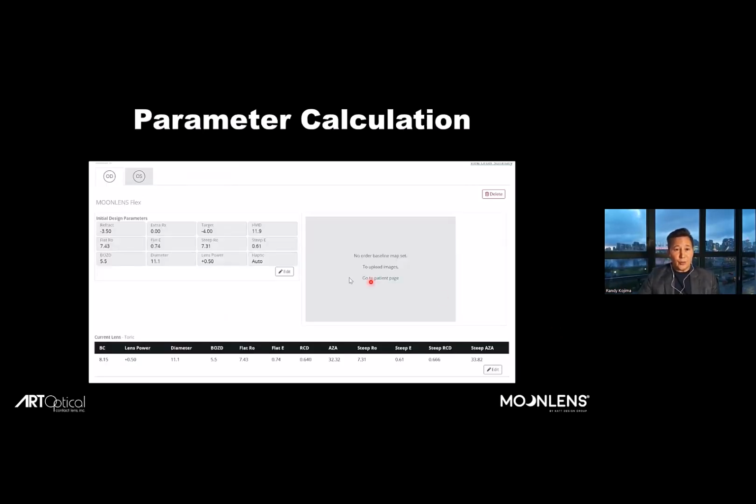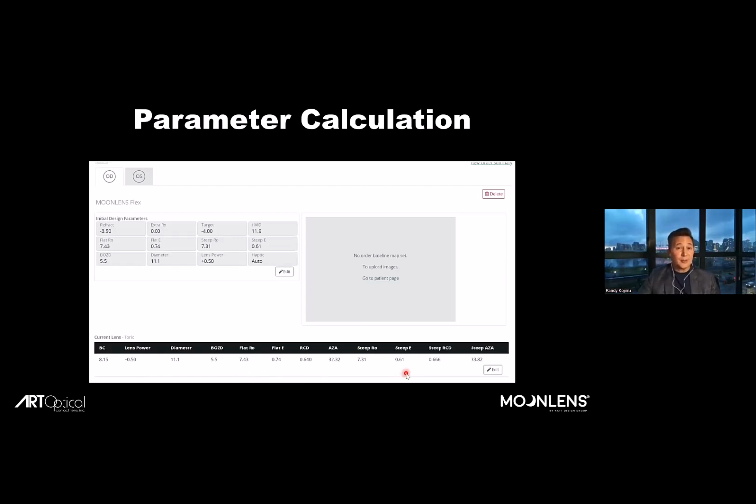Now you'll notice with all of the data entered into the parameter window, the software can then choose the appropriate MOONLENS parameters, which are given here: your base curve, your lens power, your diameter, your optic zone. But you'll also notice there's values for the flat meridian as well as for the steep meridian.